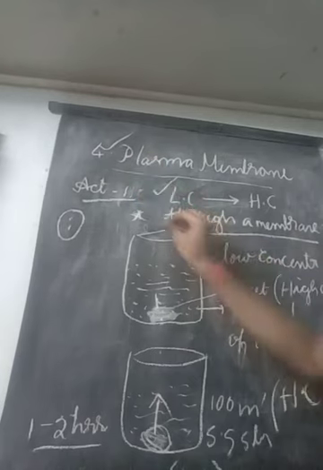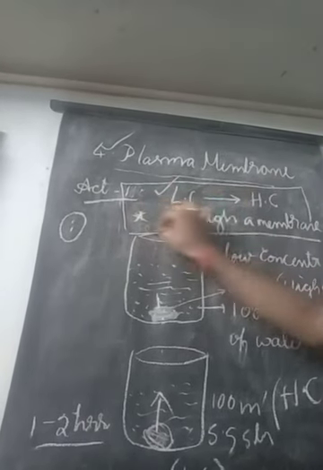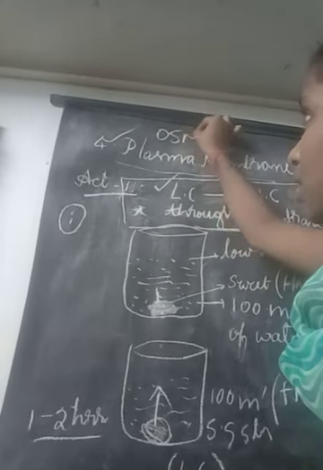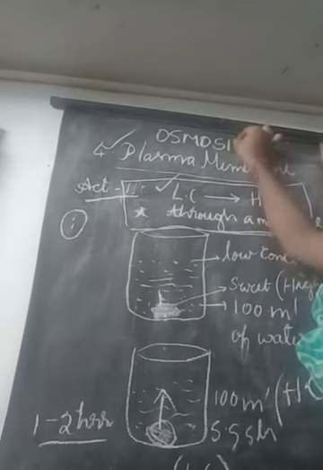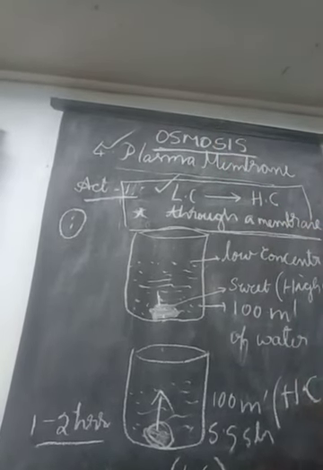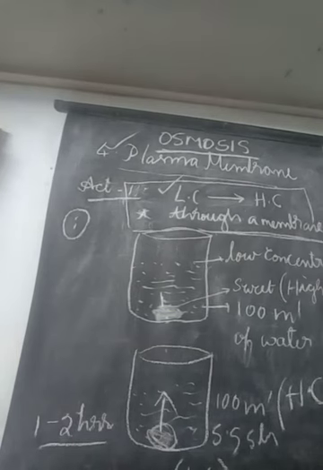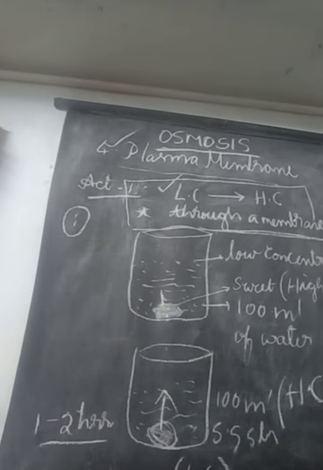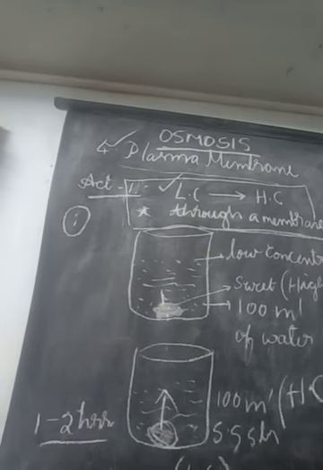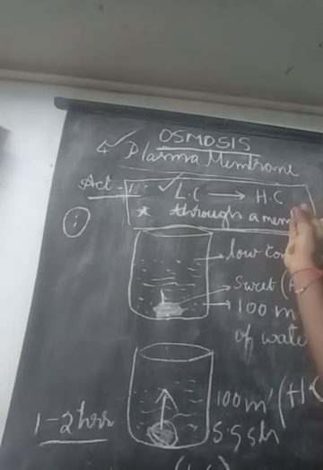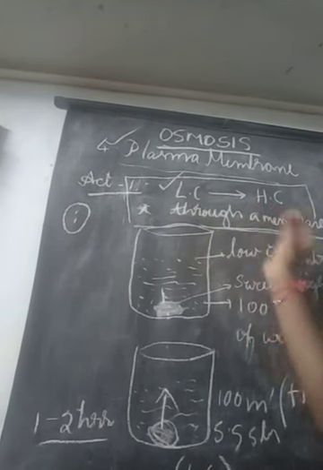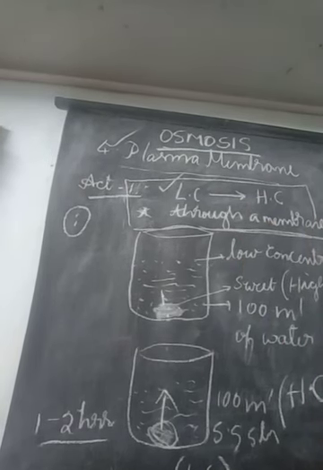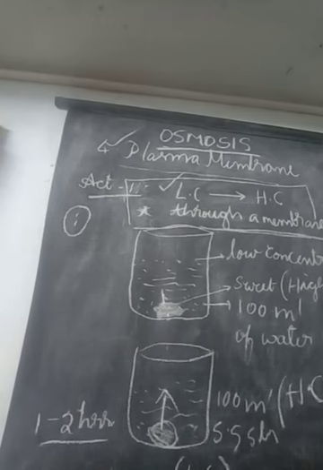This phenomenon of movement of water from low concentration to high concentration is called osmosis. What is that process name? Osmosis. It is a very important 1 mark question, and the activity is a 4 mark question. The movement of water from low concentration to high concentration through the plasma membrane is called osmosis.